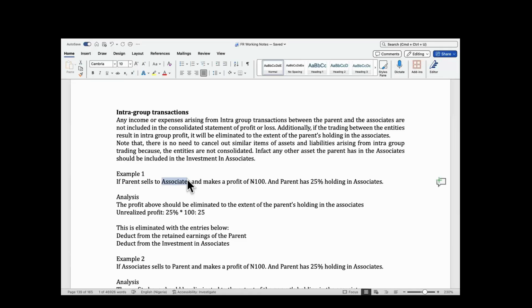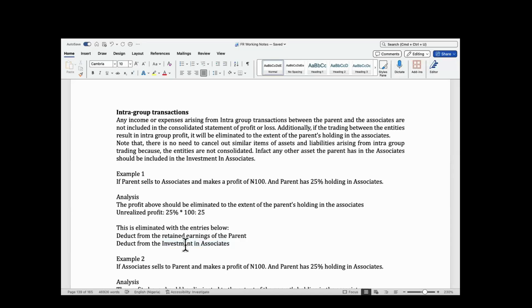So what will now be the other leg? Now, the other leg where we can reduce this from is the investment in associates that we calculated. That's where you are going to remove the other leg from, because this is where that element of profits would be reflecting in our own consolidated account.